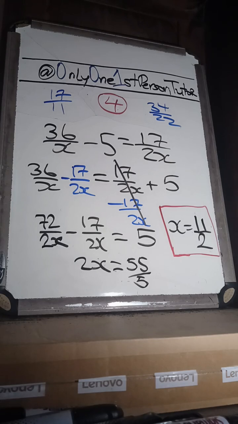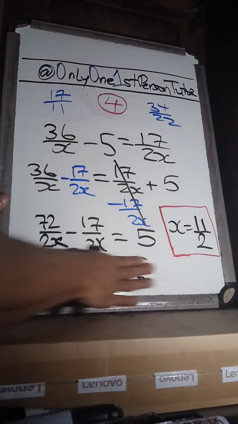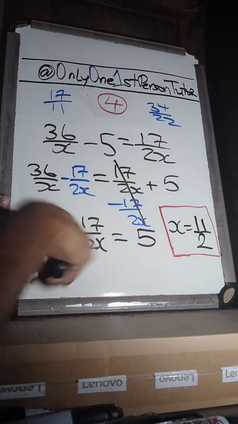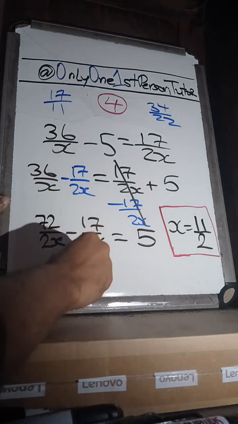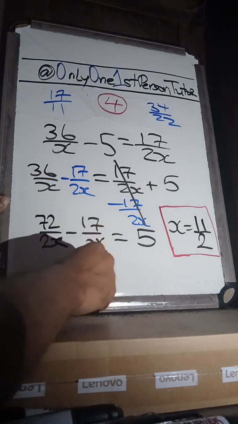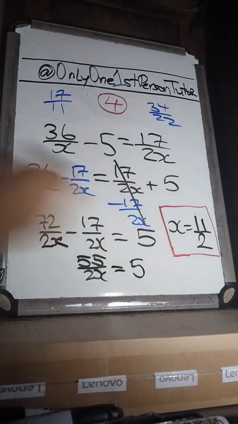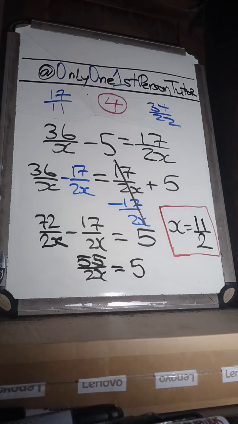Okay, I think I know what went wrong. So let's say you had 55 over 2x equal 5, and I wanted to do it that way that I did before. Okay, alright, I see.